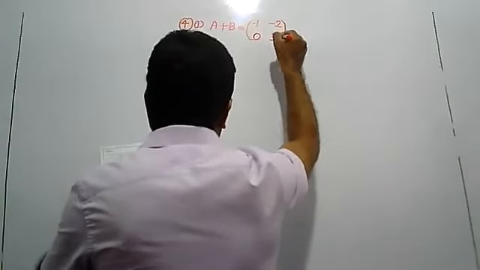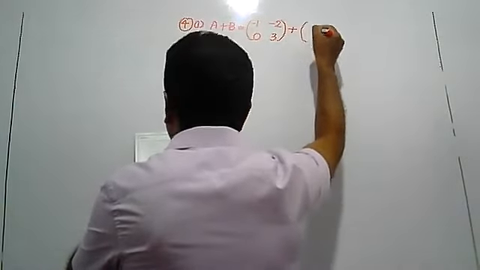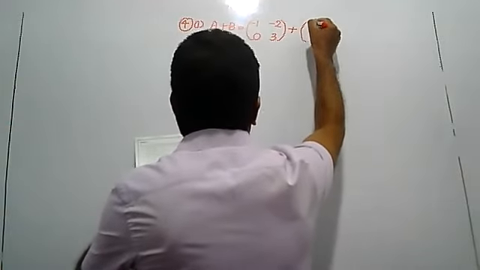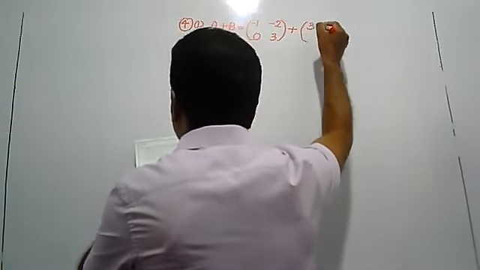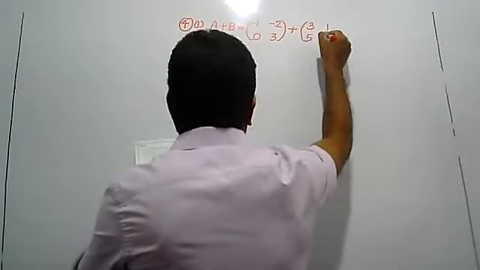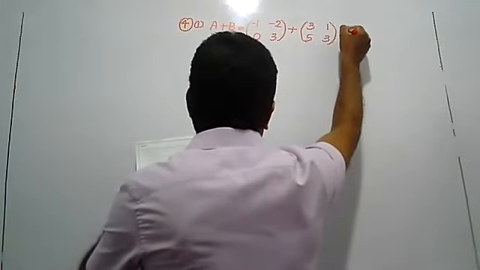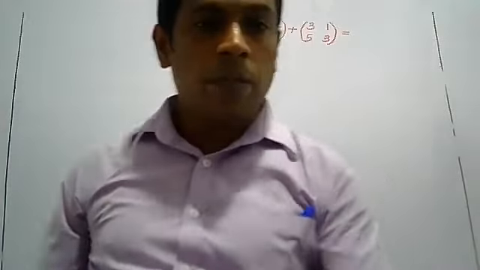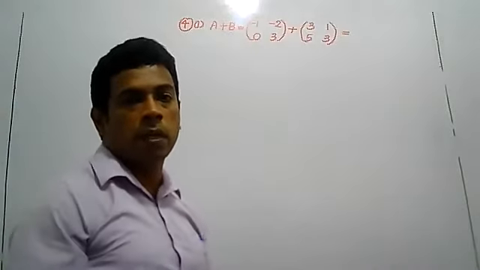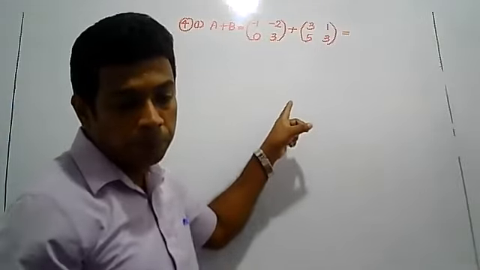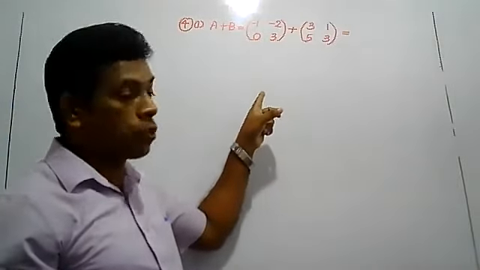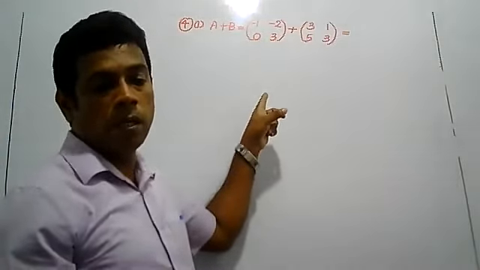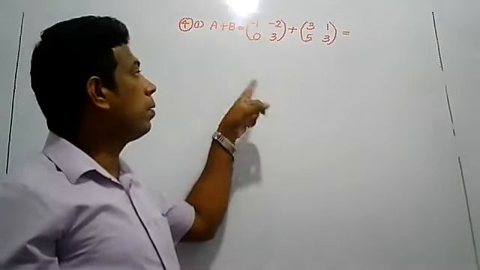This is matrix A plus matrix B. If you want to add two matrices they should be in the same order. Matrix A is 2 by 2, matrix B also 2 by 2. Elements in matrix A: minus 1, minus 2, 0, 3. Matrix B: 3, 1, 5, 3.